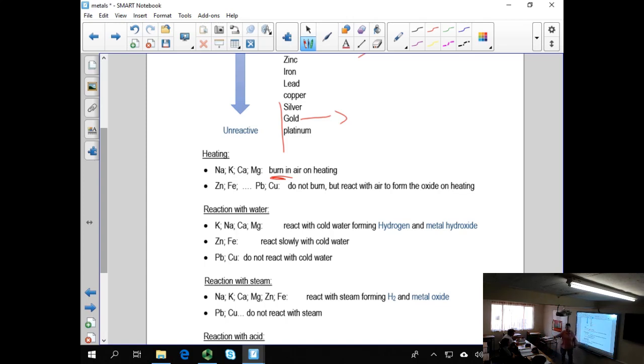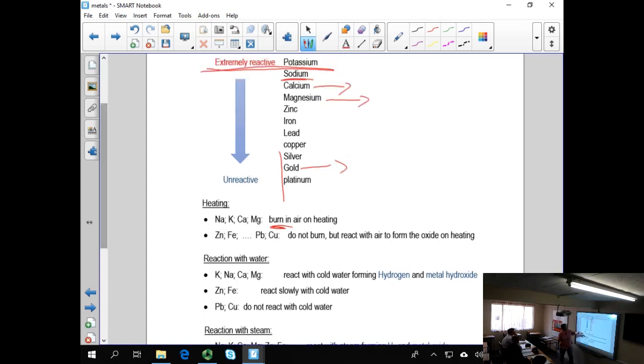Sometimes potassium and sodium I can just leave, but if you heat it up, it's going to go even better. Then the elements zinc and iron, and from there, they don't burn. I can heat them up, they won't burn.